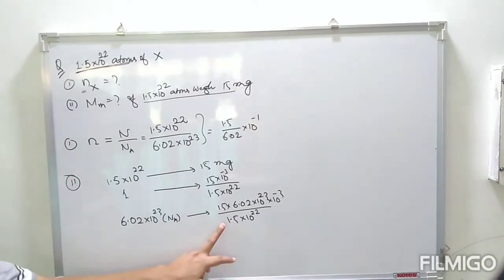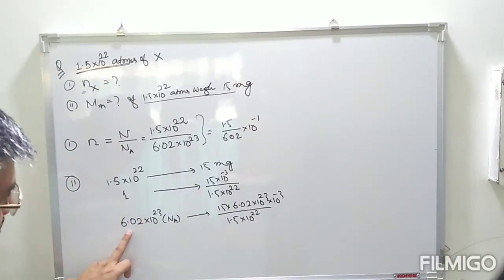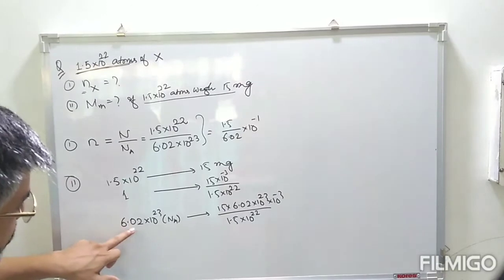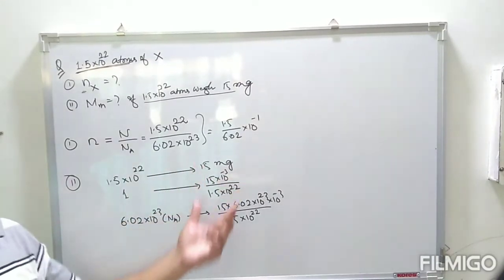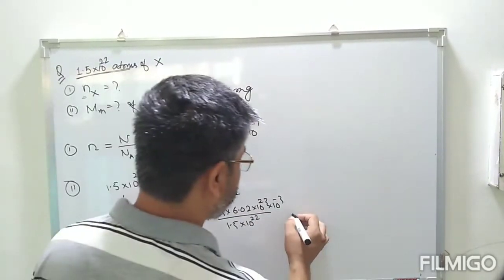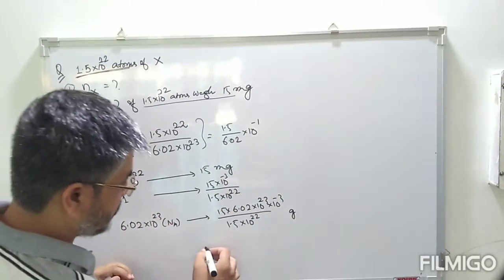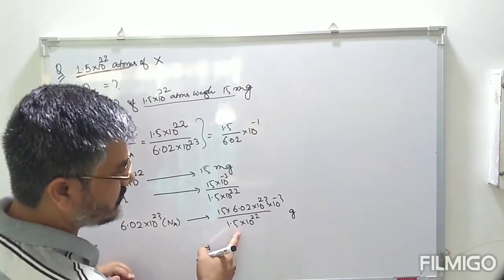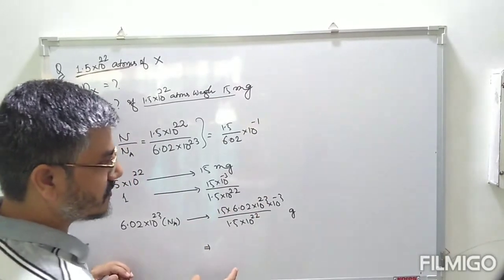So therefore look at this. The mass corresponding to 6.02 into 10 to the power 23 atoms is the gram atomic mass. So this must be in terms of gram. The 10 to the power 23 will cancel out.